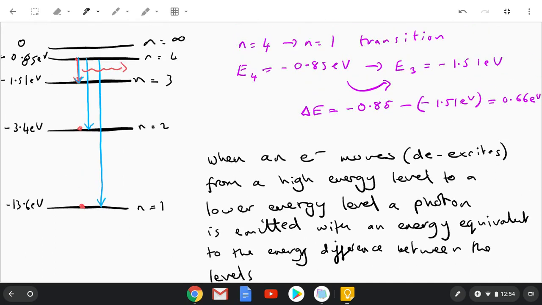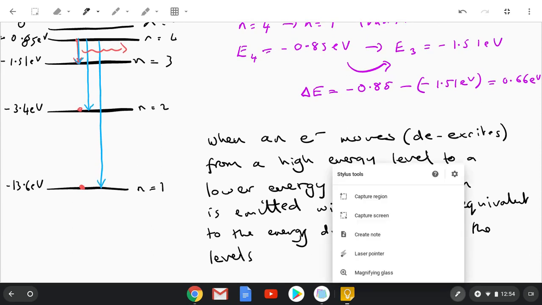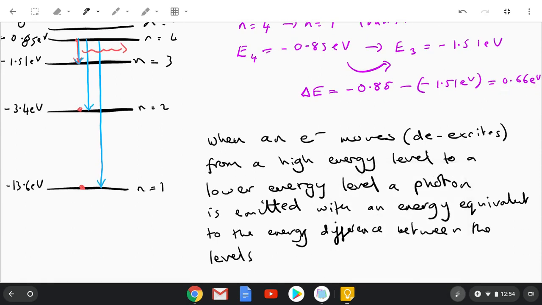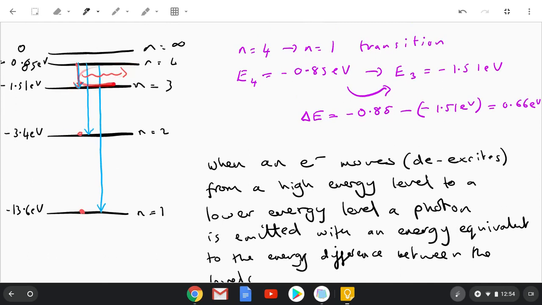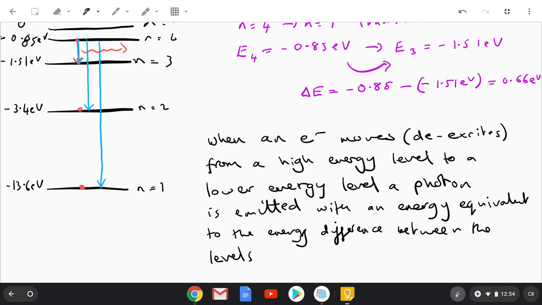So the energy difference between the levels was 0.66 electron volts. That's how much energy that photon that's emitted has.